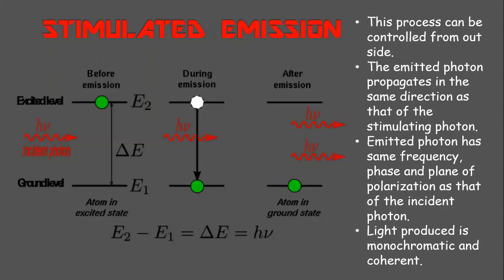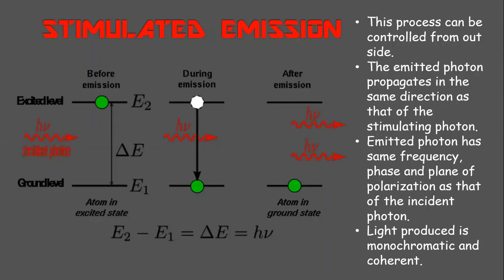So this is an artificial process. The electrons in the excited state need not wait for natural spontaneous emission to occur. An alternative method is used to stimulate excited electrons to emit photons and fall back to ground state. The incident photon stimulates or forces the excited electron to emit a photon and fall into the lower state.